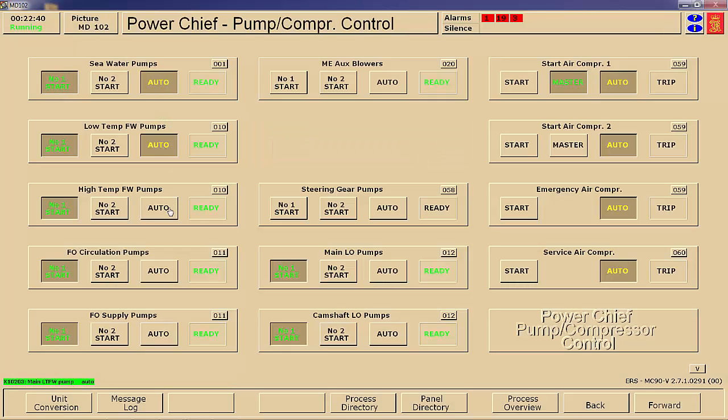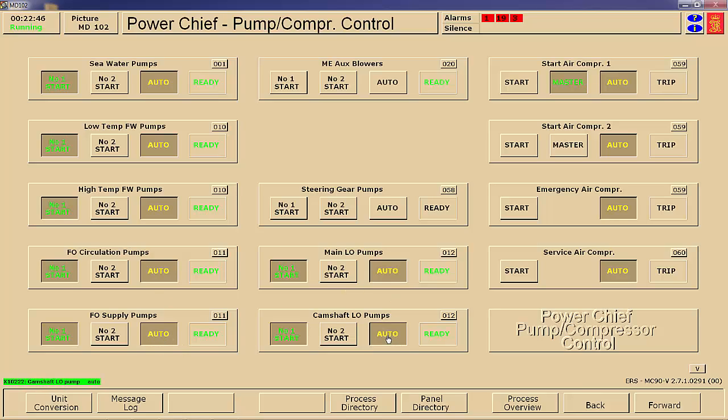Now, when I put this in automatic, what is going on is this is standby status. If the pressure in the system falls, it will automatically start another pump up. Now, typically, it will actually run both pumps. It will not shut the other pump down.